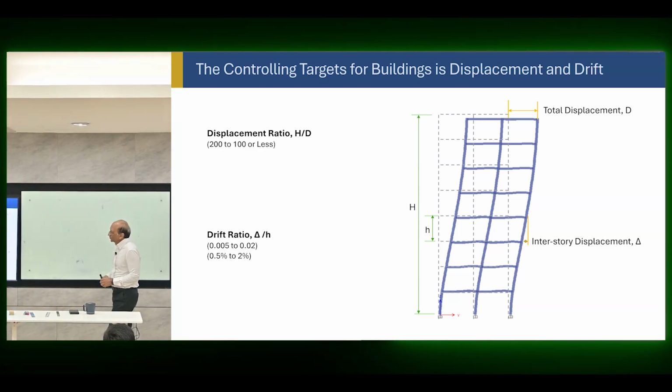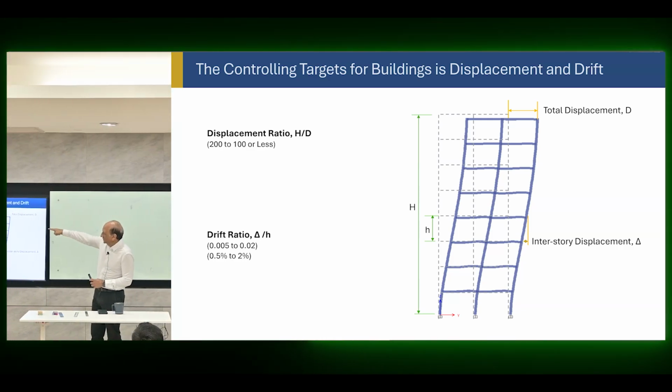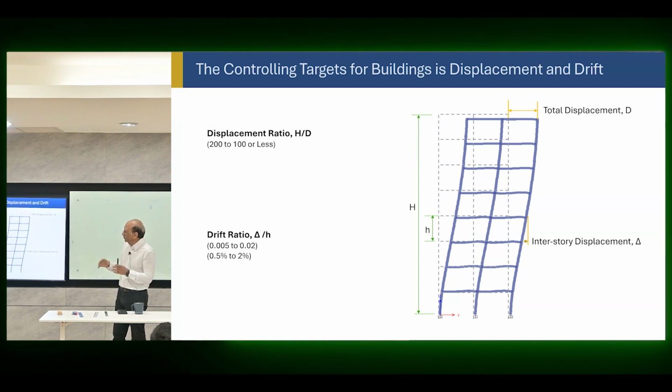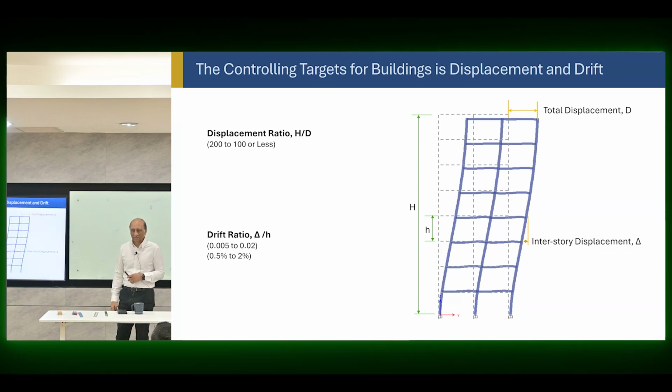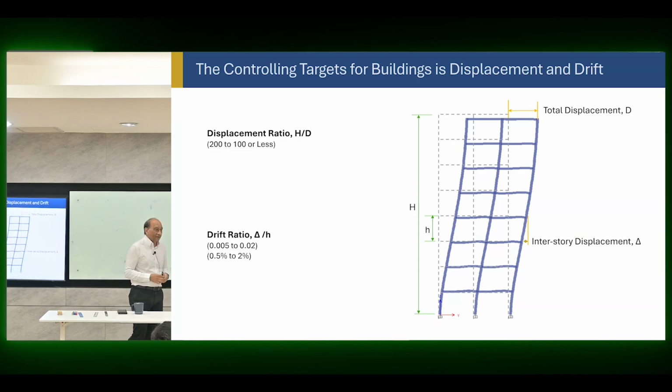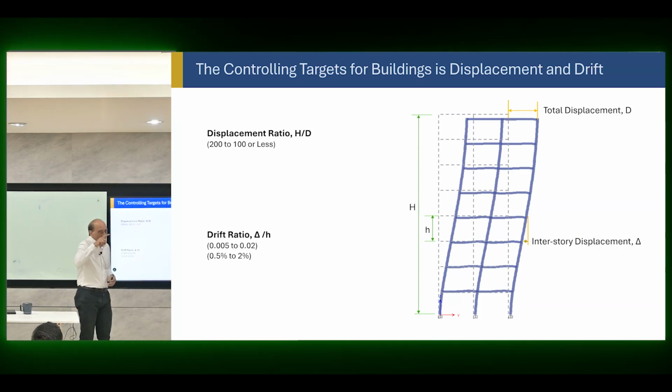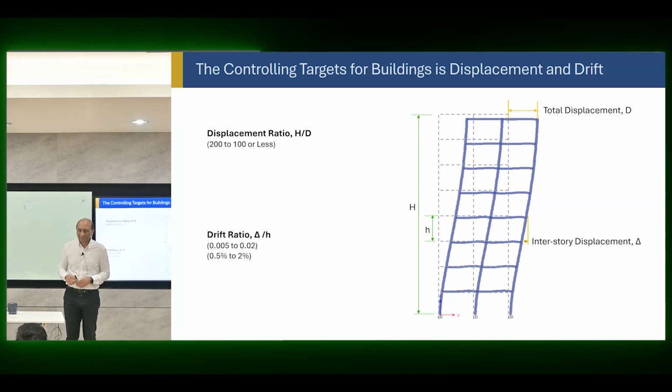The displacement ratio, which is H over D, can vary between 200 to 100 or even less, and the interstory displacement ratio, the drift ratio, which is normally represented as a ratio or a percentage, could be 0.5% to 2%, and can be up to 4% in extreme cases. Okay, 4% is very, very high, which is equal to H over D of 25, which is extremely large, right?